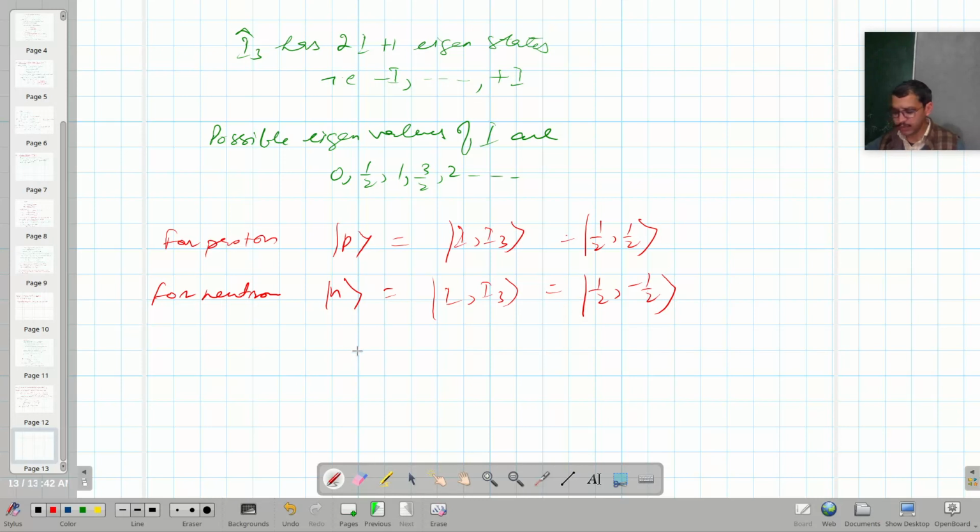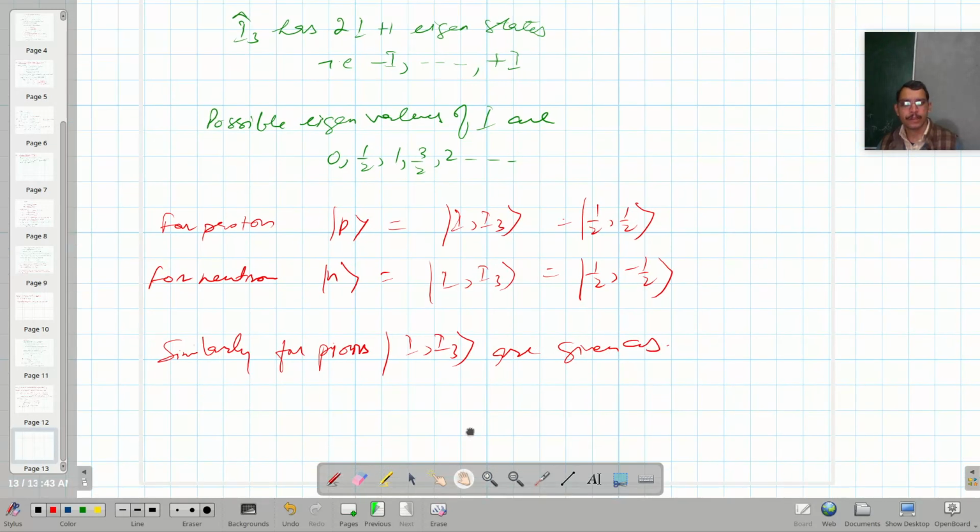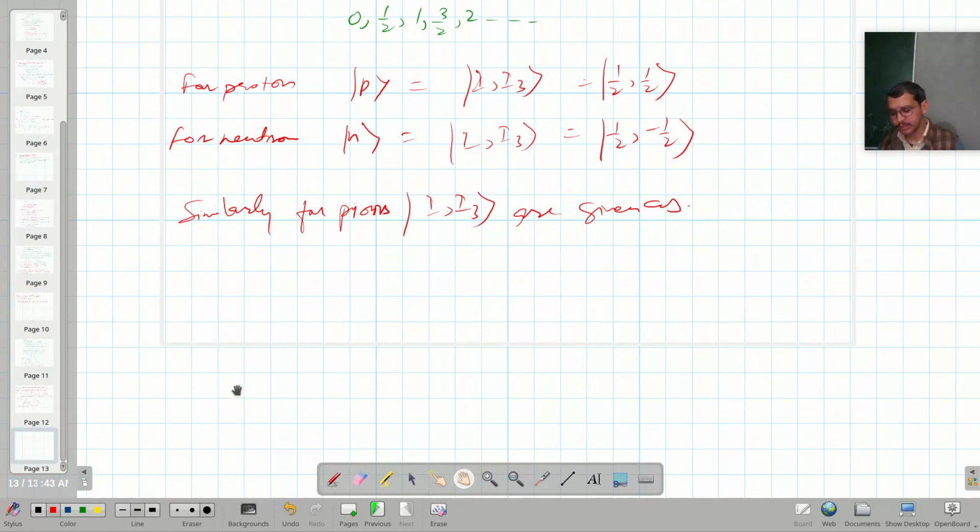And similarly for pions, I and I3 are given as follows.